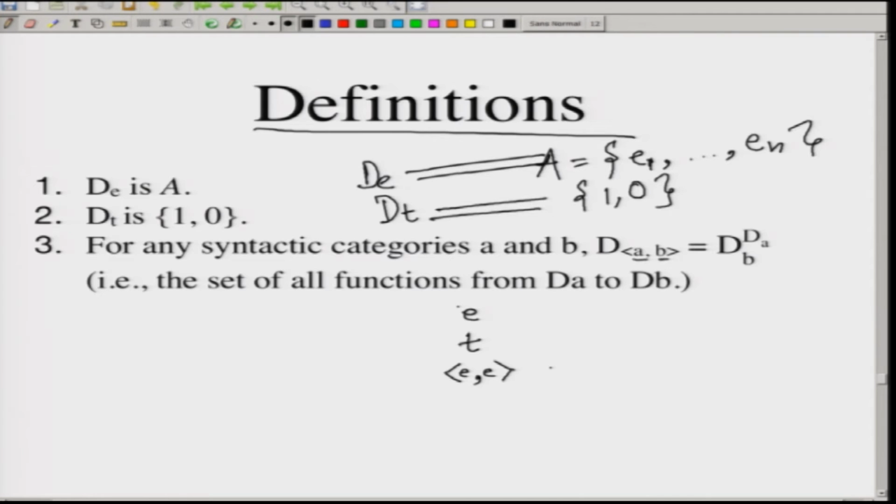Nothing like that. We can construct anything. We can have T to T. Also, we can have E to T or T to E. Now, our linguistic elements are such that we normally do not find T to E.